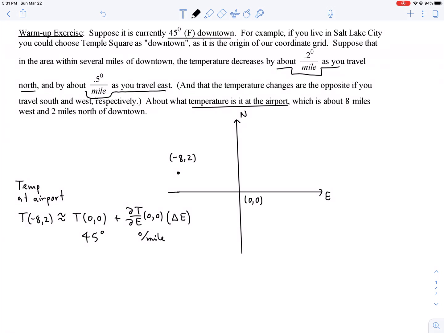And then I have to multiply by the change in the east direction, which has units miles. So I get degrees.